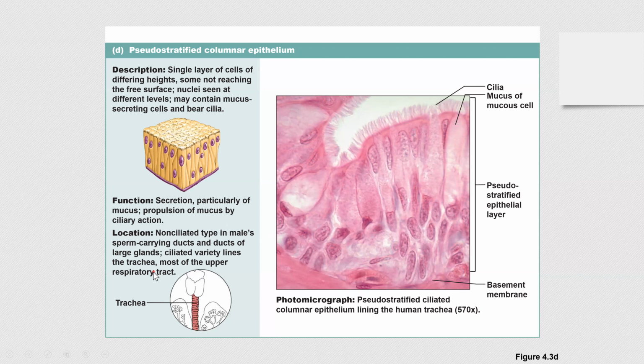And then when you get to the trachea, larynx, trachea, main bronchi, secondary bronchi, even tertiary bronchi, you will have pseudostratified. And then when you get to smaller bronchi and bronchioles, you will have simple columnar. And then when you move down to the alveoli in your lungs, where gas exchange happens, you will have simple squamous, right? Okay.